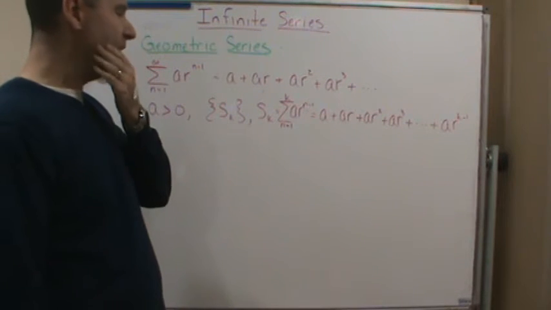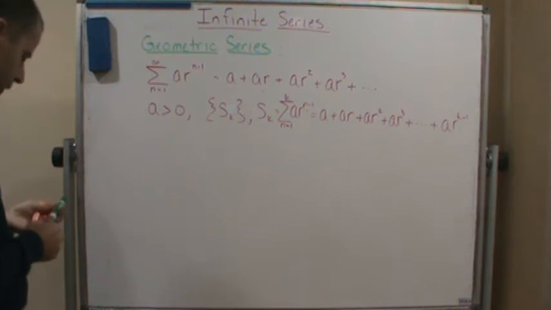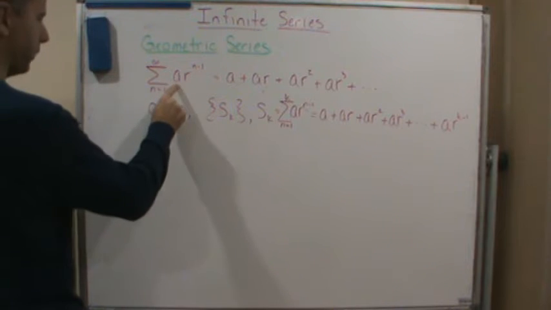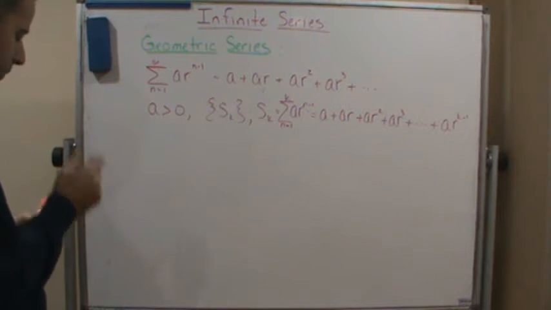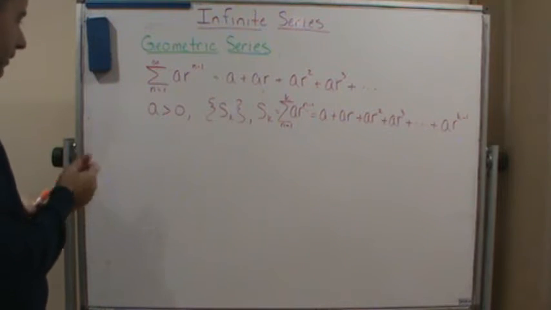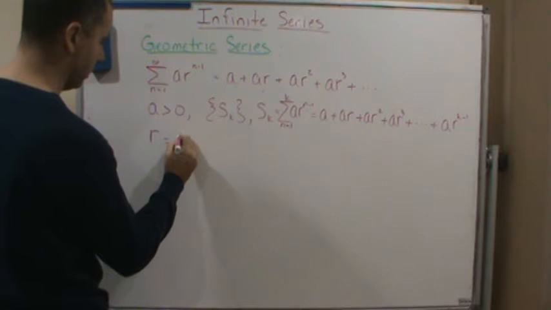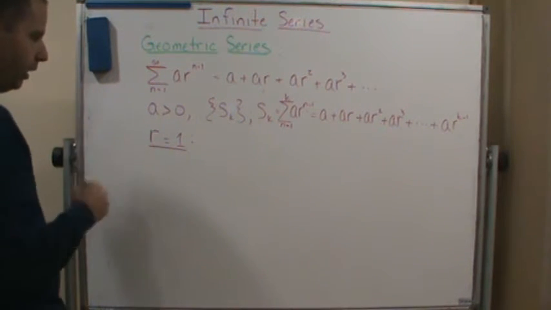Okay? So now let's consider the case when R, so we haven't dealt with this here, so we're assuming that A is positive. Let's say what happens when R is 1. So let's consider the case that R equals 1.